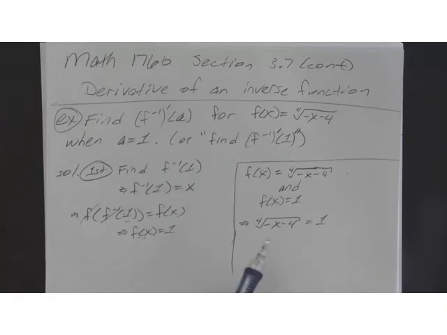Okay, so now we can solve for x. We just have to raise both sides to the fourth power to get rid of that fourth root. So that fourth root of negative x minus 4 to the fourth power is equal to 1 to the fourth power.